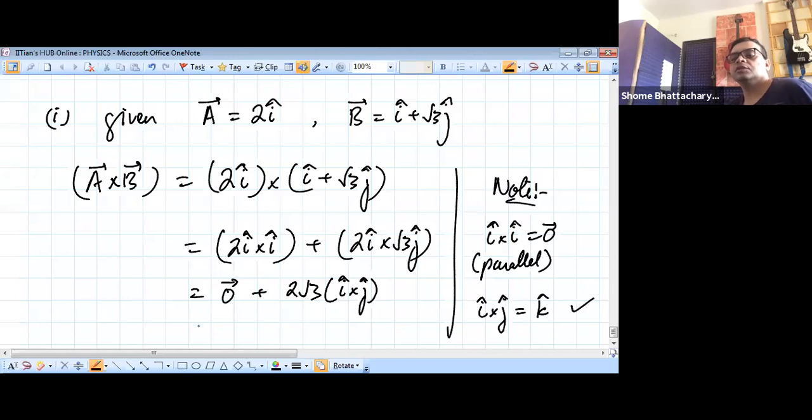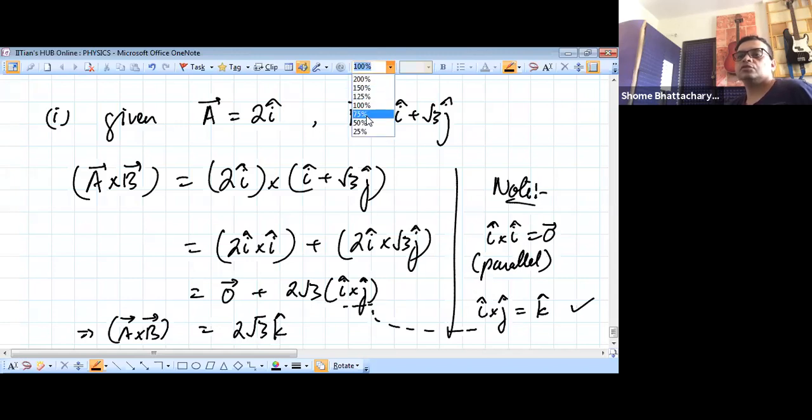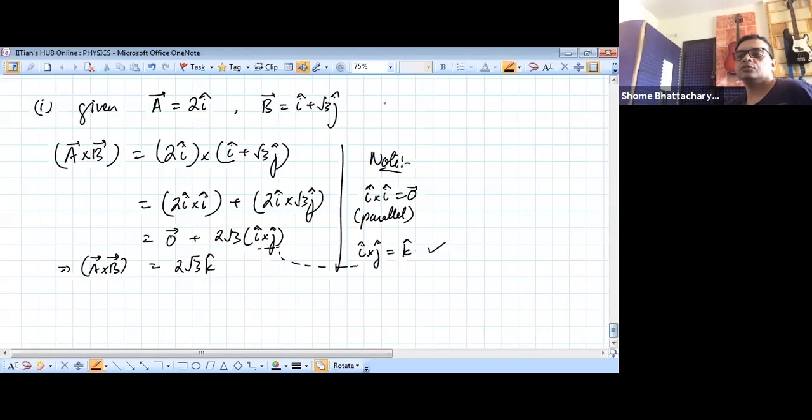So this becomes 2 root 3 K cap. So my final answer, A cross B in component notation, becomes this. Note this down quickly, and then also do the second part.